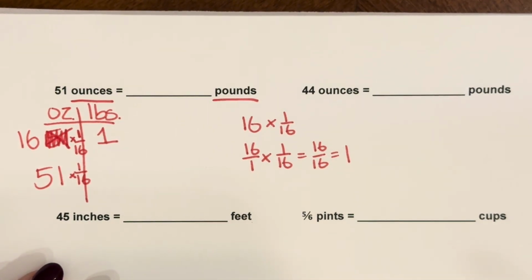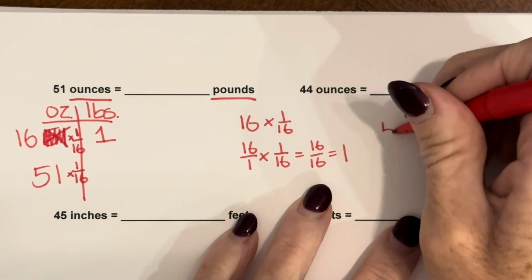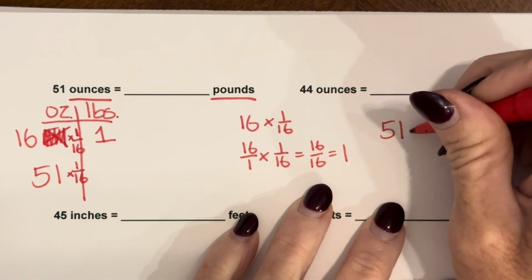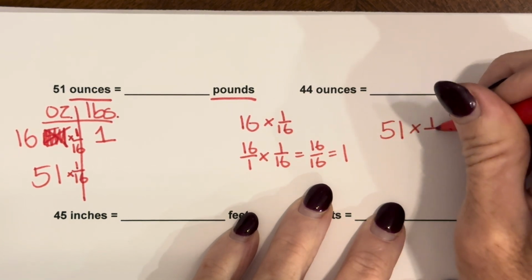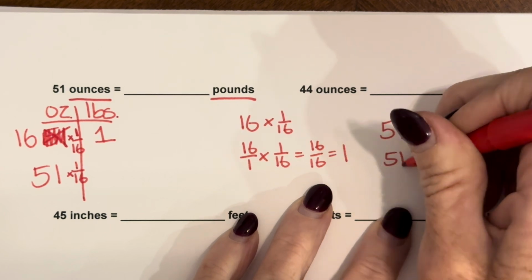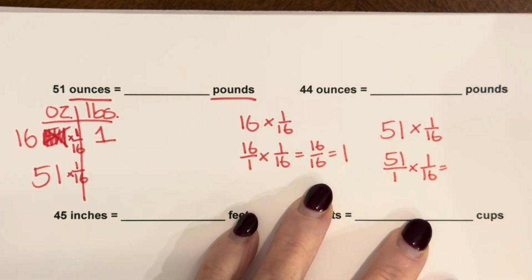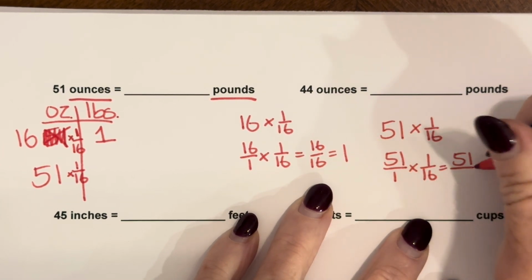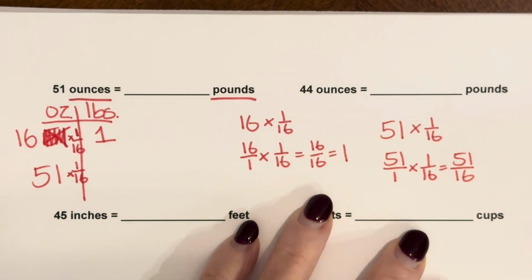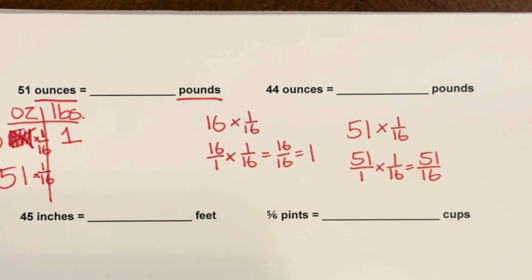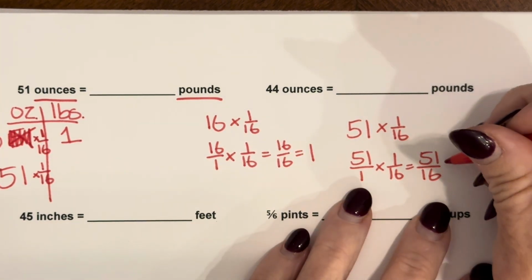So what is 51 times 1/16? Well, 51 times 1/16 is the same as 51 over 1 times 1/16, which equals 51/16. And I'm going to need to use some in and out for that.